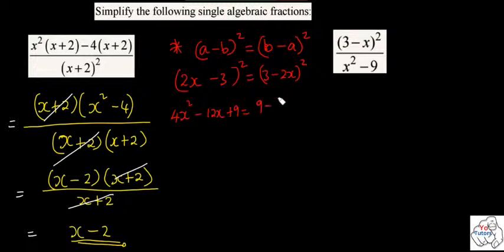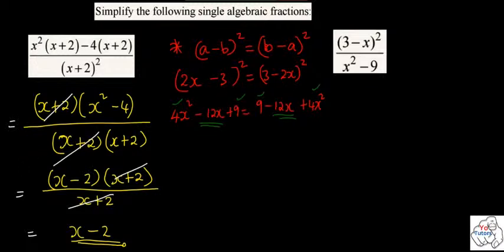Then 3 times 2 is 6, times 2 gives you negative 12x. And here 2x times 2x is 4x squared. So you can see that with the negative part, it's only the negative 12x here and the negative 12x here, but the other ones are positive. That's why we are saying the two are equal.